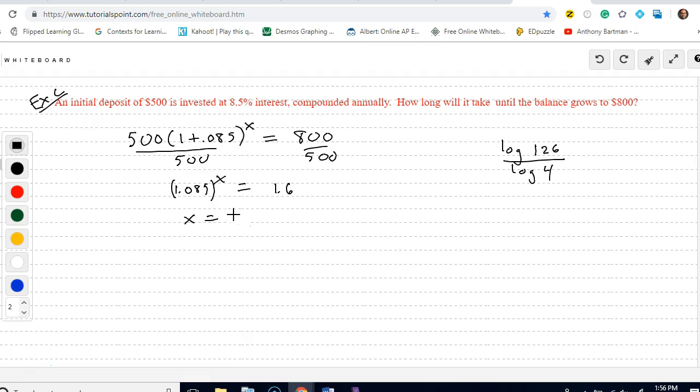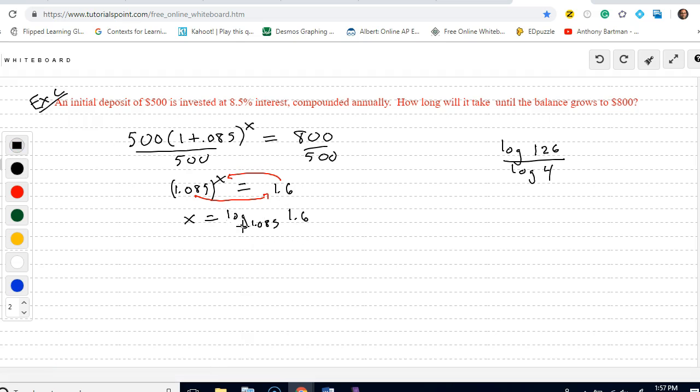So we can say log, and the base is 1.085, of the number 1.6, equals x. You could say x equals log base 1.085 of 1.6. Okay, so we could write it like that.